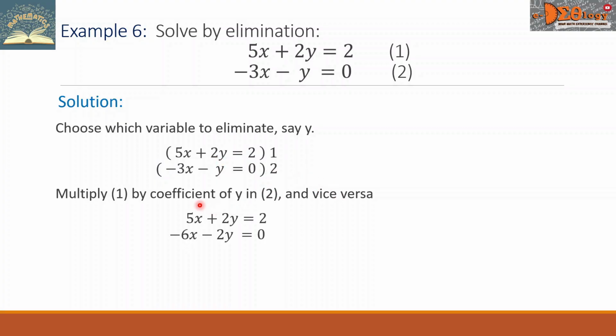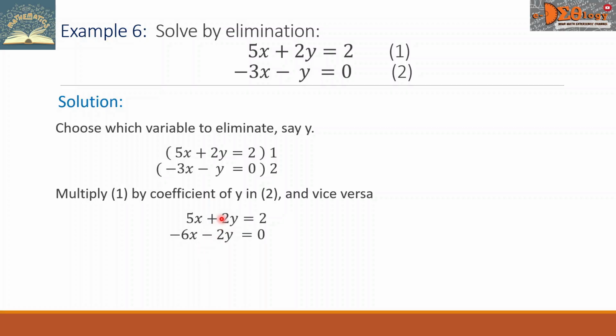The first equation becomes 5x plus 2y equals 2. So there is no change, we multiply it by 1, while the second equation becomes negative 6x minus 2y equals 0. Then we can see that the first equation has positive 2y, and the second equation has negative 2y.